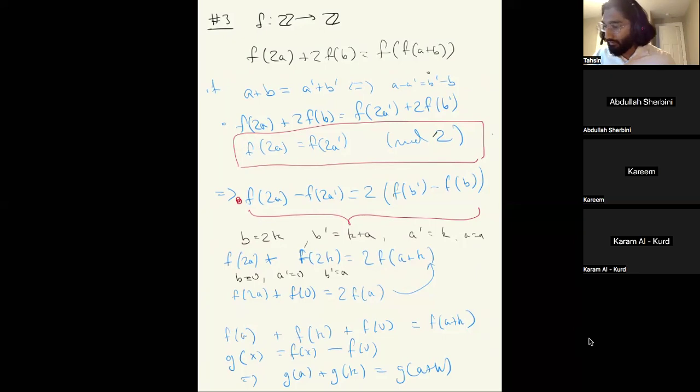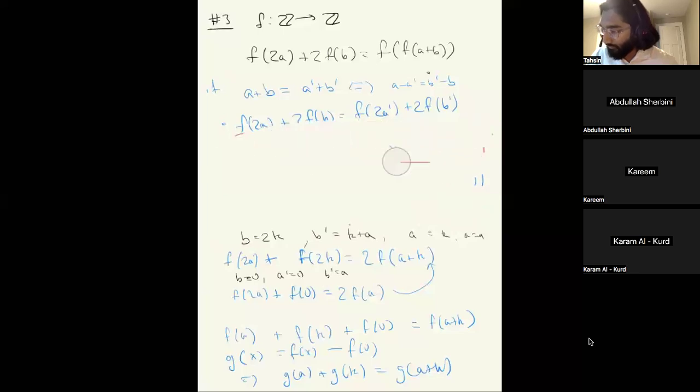Great. So what does it tell us? I think the last equation had a mistake. Is this equation okay?